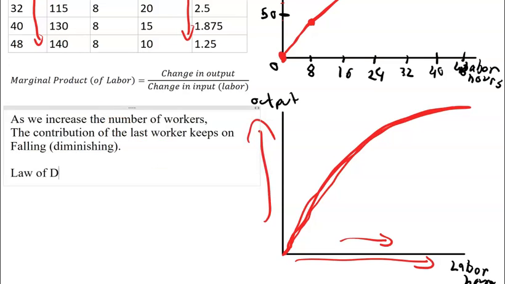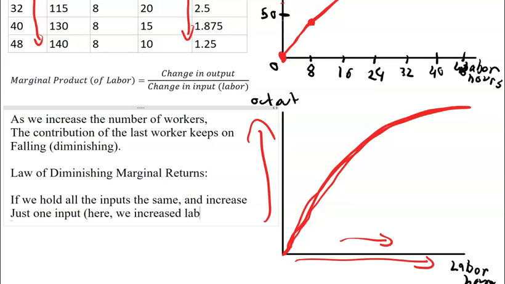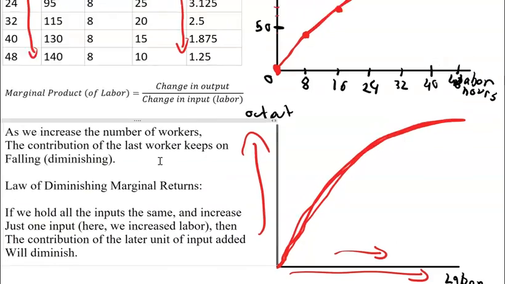The law of diminishing marginal returns says that if we hold all the inputs the same and increase just one input, here we increased labor, then the contribution of the last unit of input added will diminish, which means it will keep on falling as we keep on adding more.